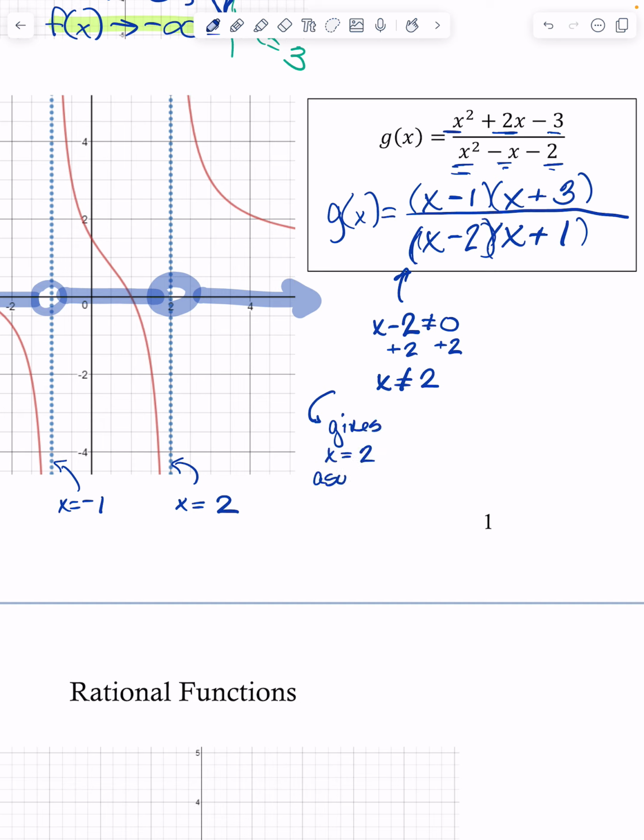I'm going to do the same thing over here. X plus 1 cannot be 0. X cannot be negative 1. This gives us our x equals negative 1 asymptote.